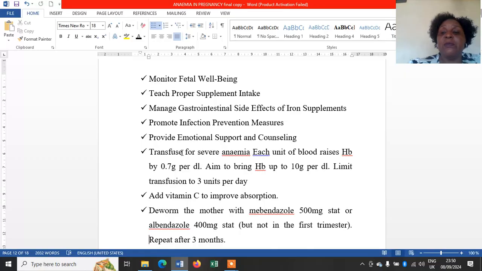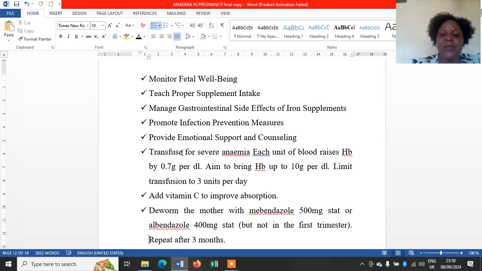Provide emotional support and counseling, and transfuse if there is severe anemia. We have said if this mother is transferred to hospital, this mother is going to be transfused. And here there is a note that each unit of blood raises the hemoglobin by 0.7 per deciliter.